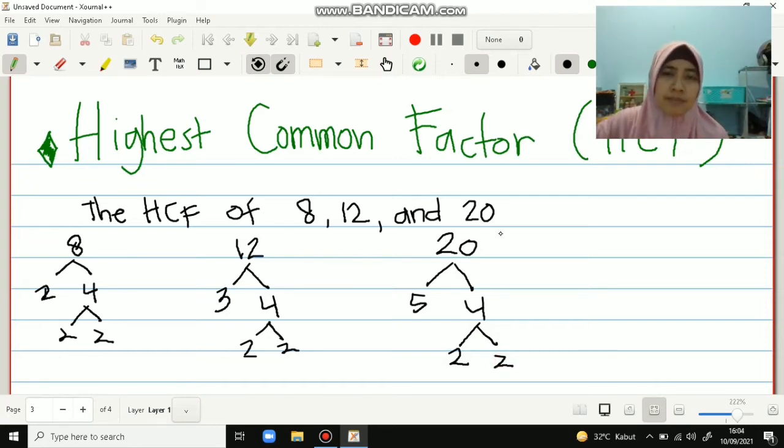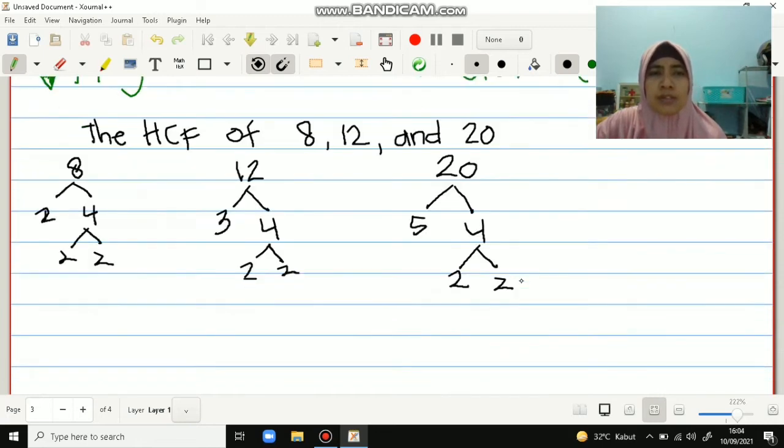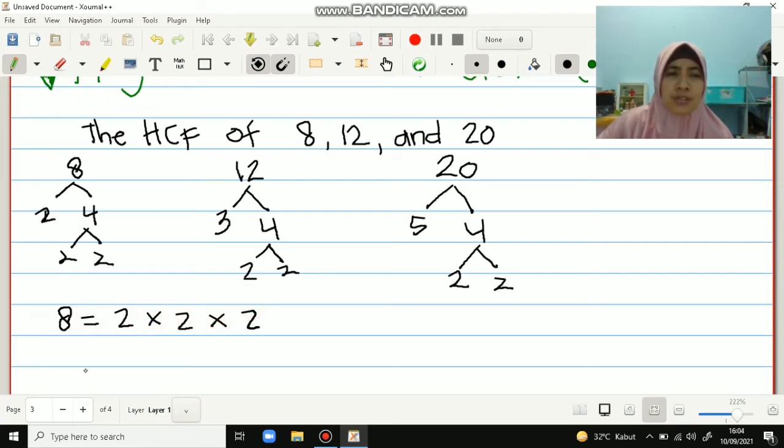Okay, now we will list the factors. The factors of 8 are 2 times 2 times 2. The factors of 12 are 2 times 2 times 3.